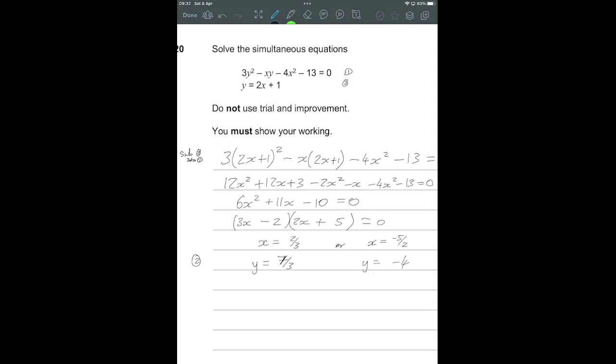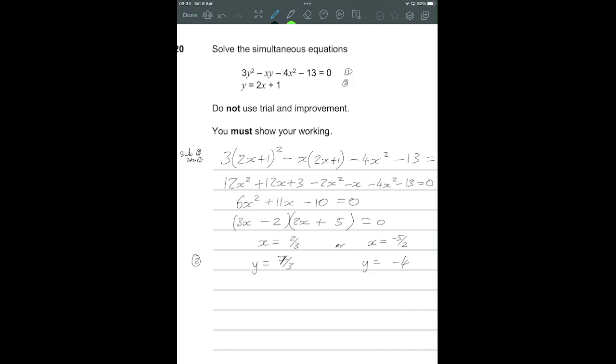Now once again, if you did have the calculator, you could check this very easily by typing this into your calculator. We don't have our calculator, but of course, time permitting, you should try and sub these back into equation 1 to check. Of course, you're more likely to make mistakes subbing that into equation 1 than you were during the working itself.